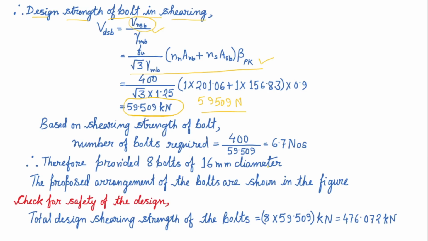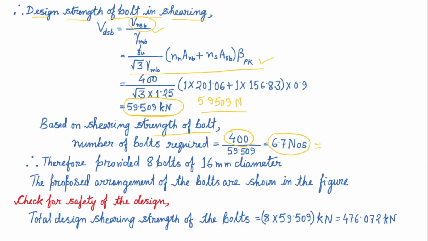Based on shearing strength of bolt, number of bolts required. So how many bolts are required for the joint? As in the joint 400 kilonewton tensile force is acting, number of bolts is calculated by dividing 400 by design strength of bolt in shearing, which is 59.509, and this comes out as 6.7 numbers.